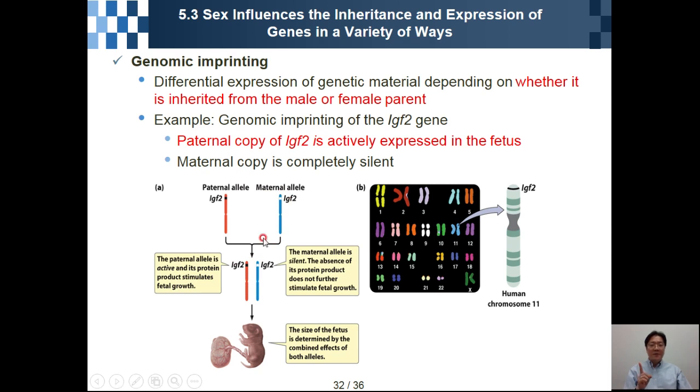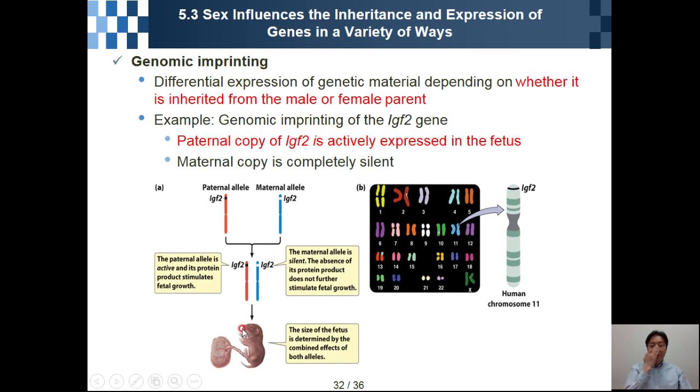In another case, the paternal allele is wild type with no mutation, and the maternal allele has a mutation. In this case, the fetus can still grow, because the paternal allele is always actively expressed in the fetus and is wild type. On the mother's side, even though there is a mutation in IGF2, the maternal copy is completely silent. So only the paternal one is activated, so it can stimulate fetal growth.